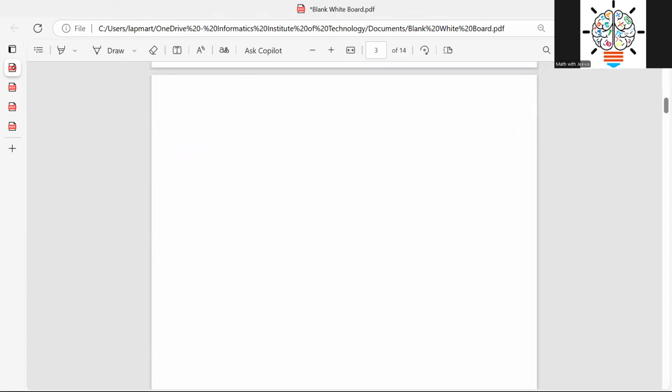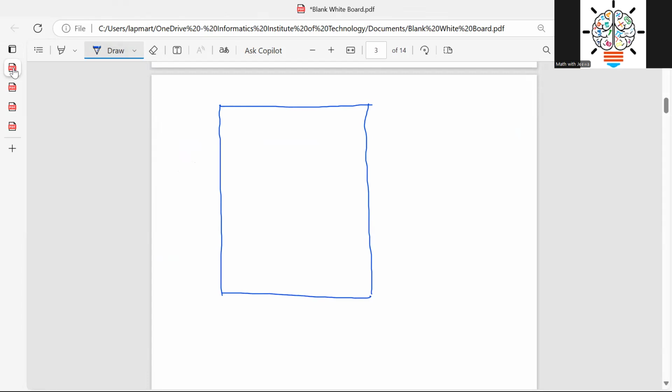How are you going to write it? Let's say this is your first page when you turn the book. Then you write here STP Mathematics 1A.